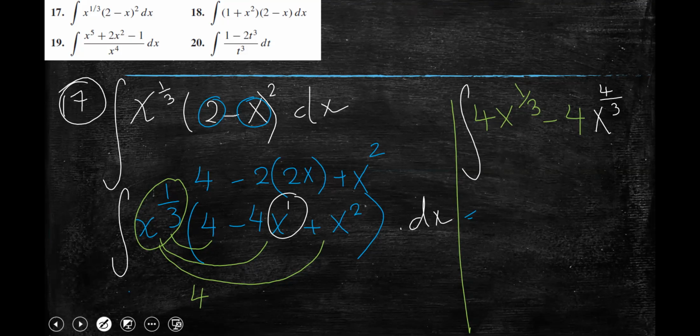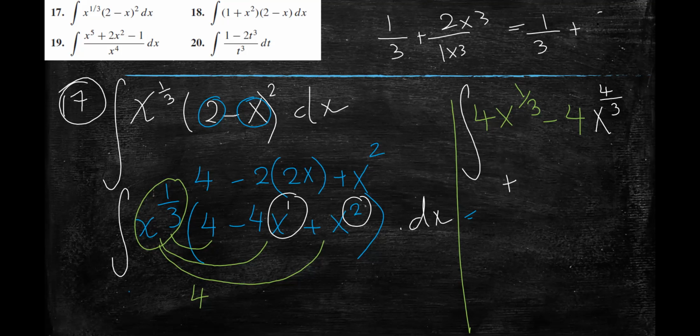Plus x squared times x to the power 1 over 3: I add 2 plus 1 over 3, which is 6 over 3 plus 1 over 3, so it is 7 over 3. So the new exponent here will be x to the power 7 over 3.